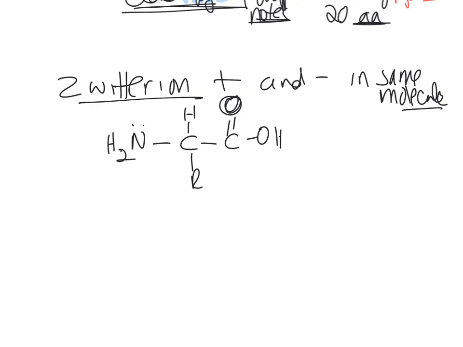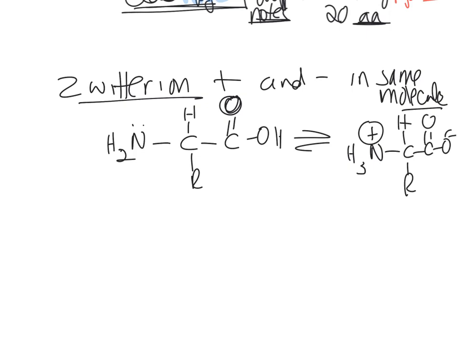And so this can get protonated and deprotonated. If you protonate the nitrogen, it becomes a positive charge, and you deprotonate the carboxylic acid, it becomes a negative charge. This is overall neutral, but it's called a zwitterion. And so the actual structure depends on the pH of the solution.